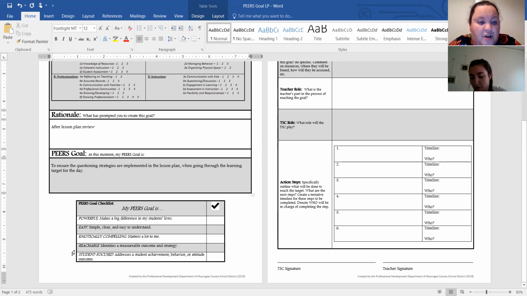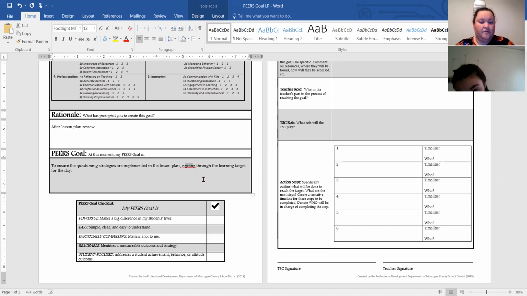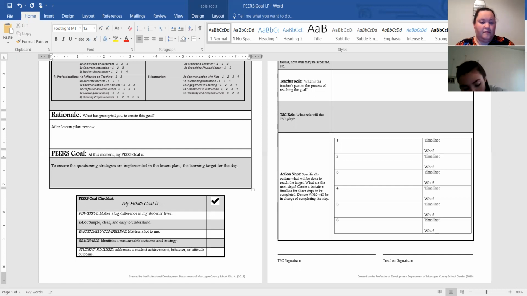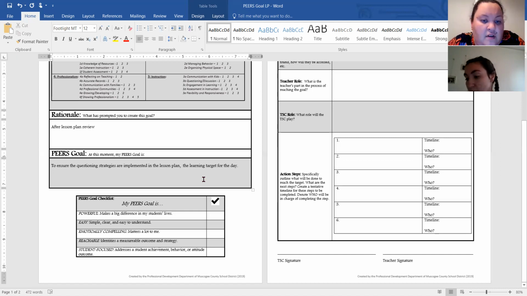So to ensure questioning strategies are implemented in the lesson plan, I don't know how to connect that.